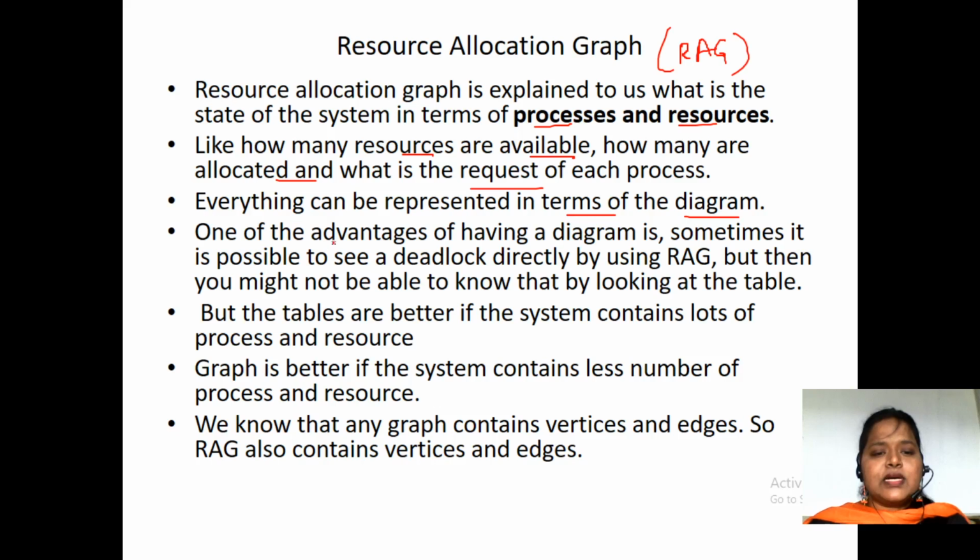One advantage of the diagrammatic representation is that by seeing the diagram we can say whether a deadlock has formed in the system or not. If you get a cycle, we can say that a deadlock has formed, and by seeing that graph with minimum resources, we can then and there say that a deadlock is there in that system.